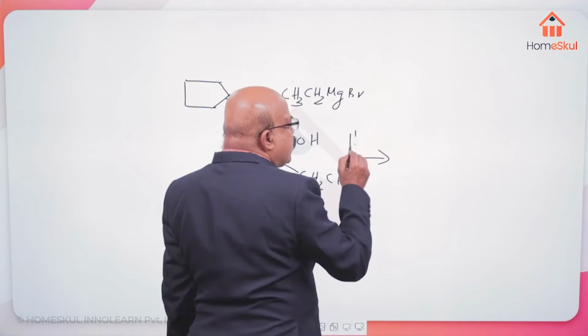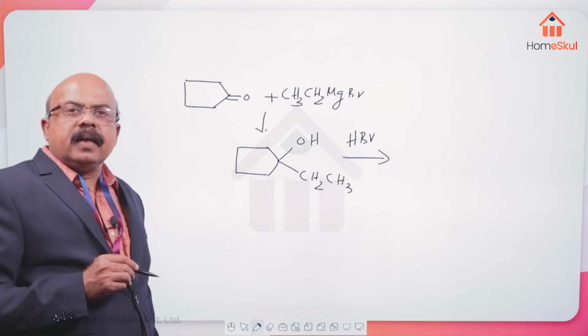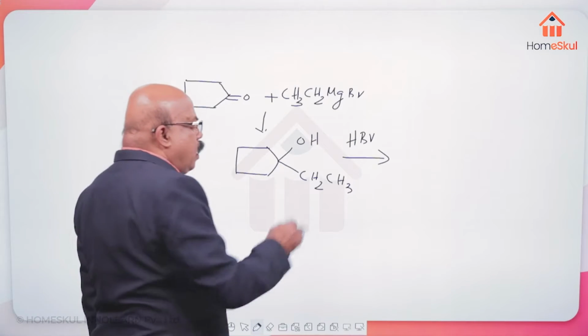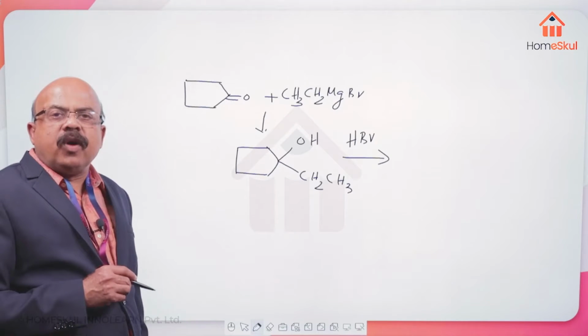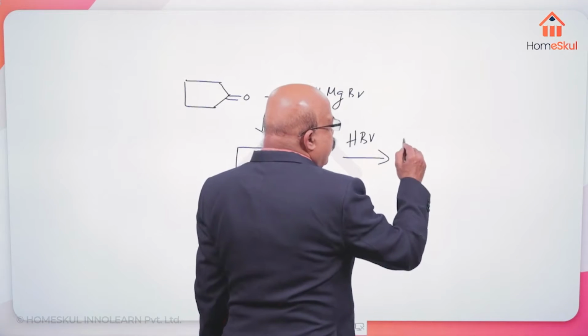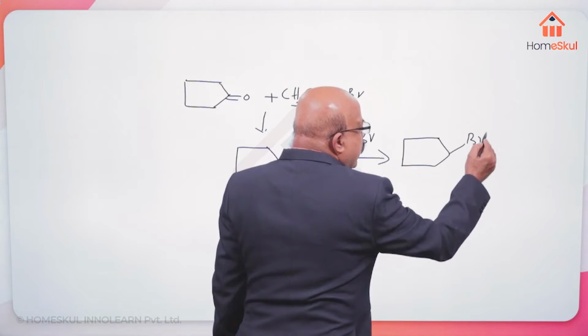That on treatment with HBr, alcohol with a halogen acid: first step, protonation of the OH group, then elimination of water to get a carbocation. That carbocation will be attacked by the nucleophile. So here Br will be connected.